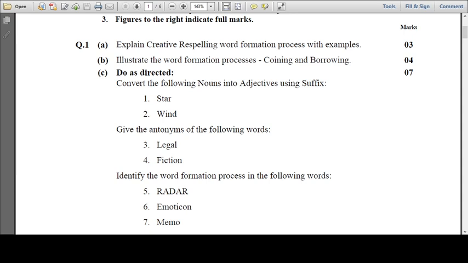Okay, shall I give the answer? Started, Amit Kumar, no, wrong.